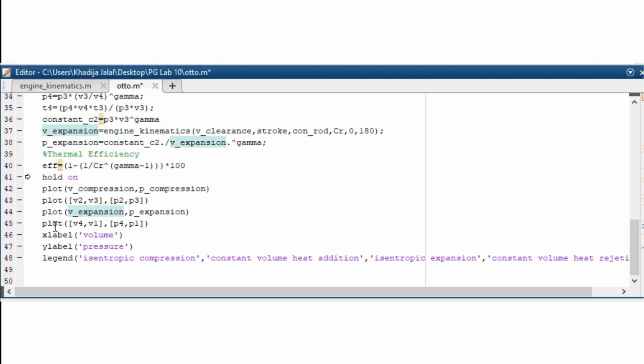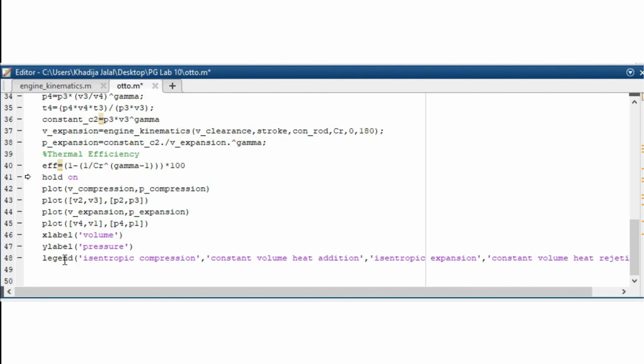And then from state 4 to 1, which is already discussed here, heat is rejected. So we will write it as a function of volume, that is V4 P4 and V1 P1. So we have plotted all these curves here. Then we have labeled the x-axis as volume and the y-axis as pressure. And then I have given a legend.